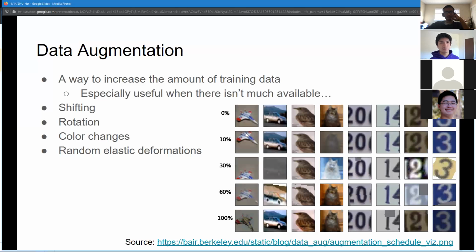It should still give you the same answer, right? That's still a model plane, even though it's shifted over a little. So it's starting to add what we call invariances in the network, basically building up invariance to certain transformations. You basically want your model to be robust. This is the answer to why this is so important.